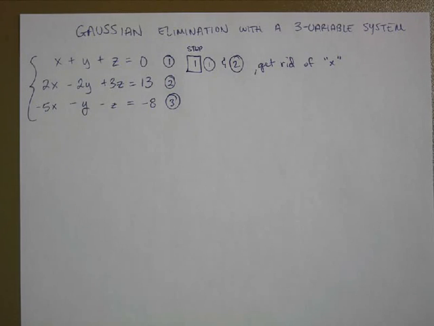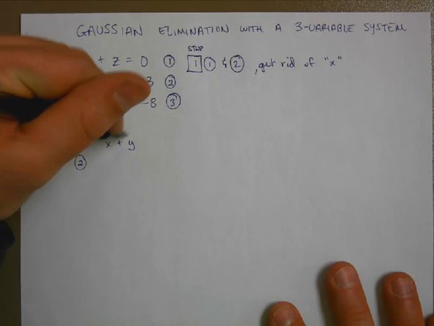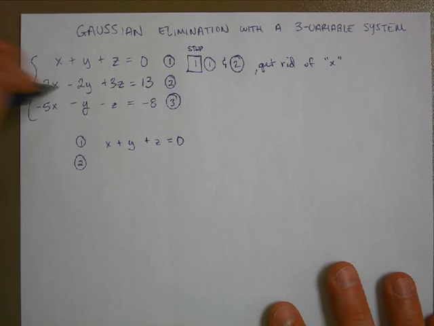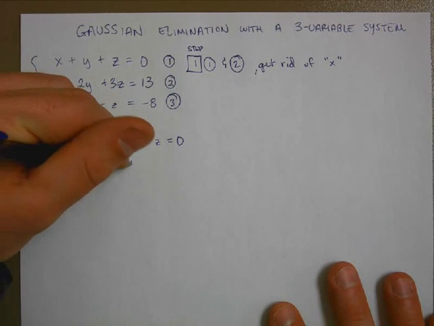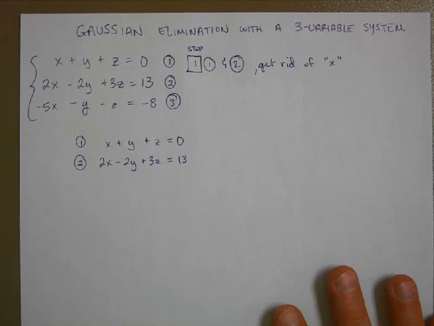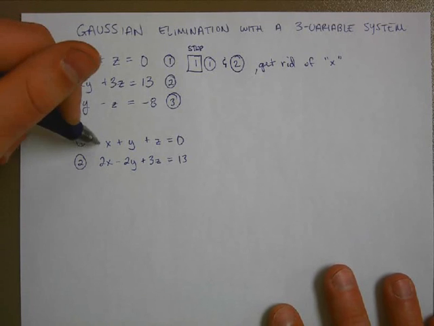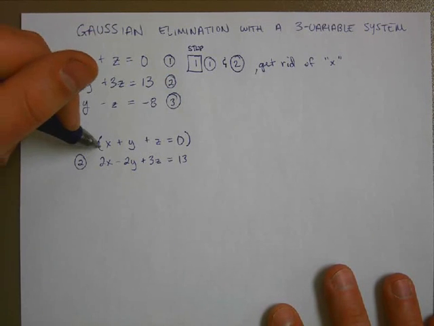So basically what I mean is that I want to take x plus y plus z is equal to 0, and equation 2, which is 2x minus 2y plus 3z is equal to 13, and get rid of the x using elimination, which means that I need to multiply the top by -2.